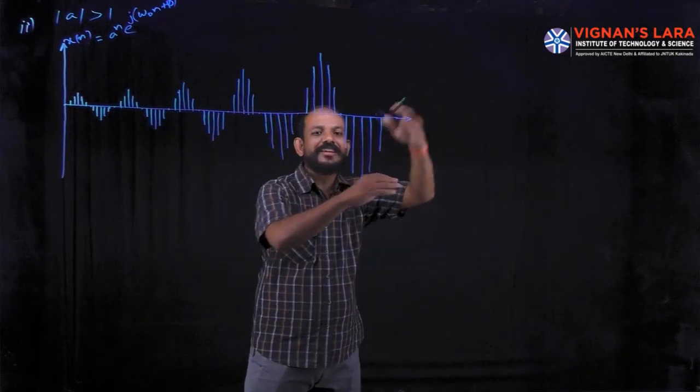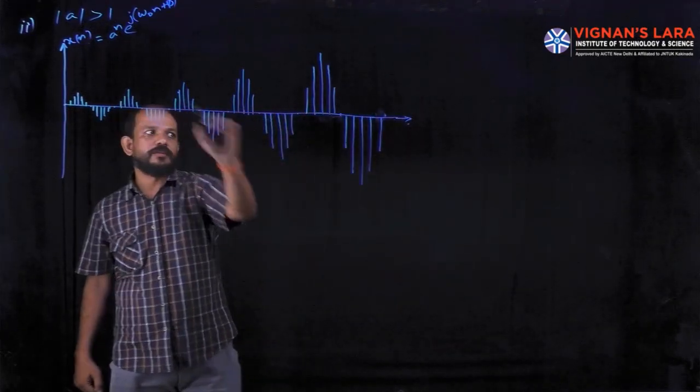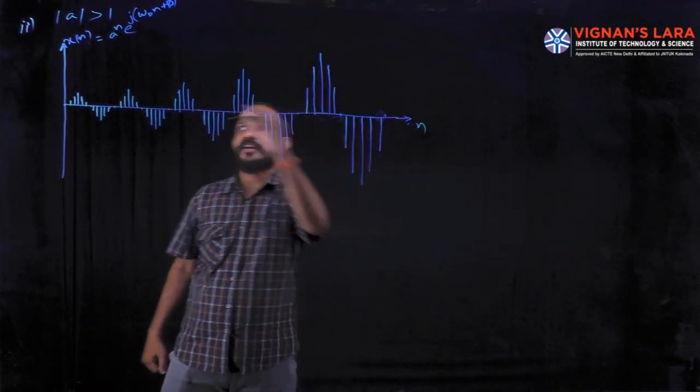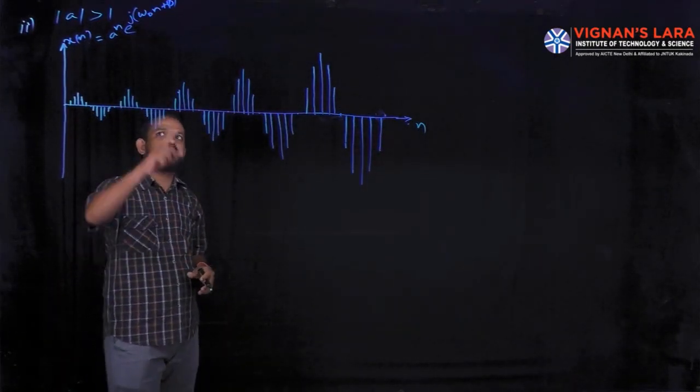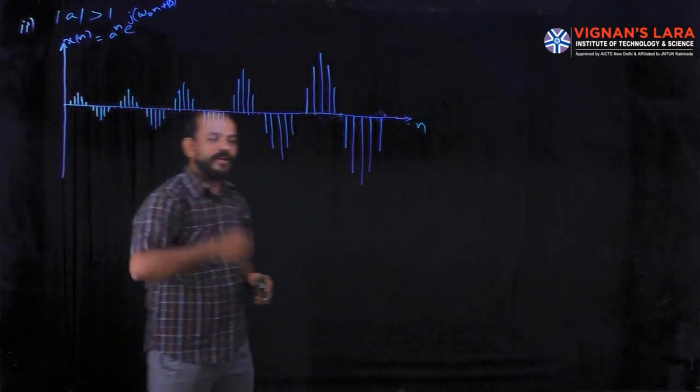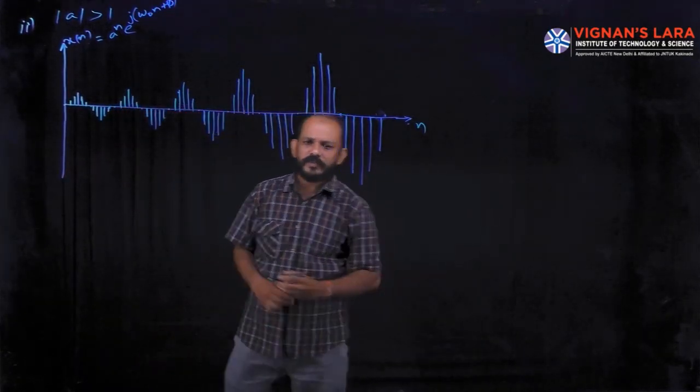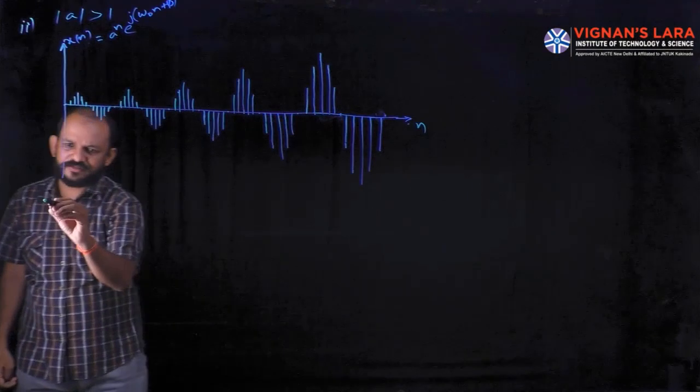So this is n, and this is x of n equal to a power n into e power j omega naught n plus phi, where mod a is greater than 1. Simple.